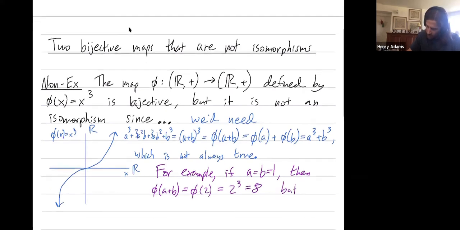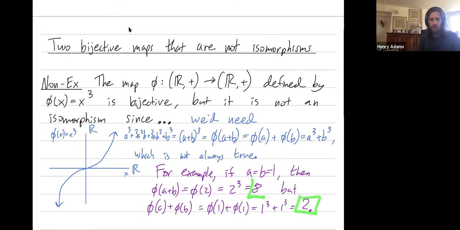But phi of a plus phi of b is phi of 1 plus phi of 1, which is 1 cubed plus 1 cubed, which is 2. And 2 is not equal to 8. So we have a bijective map from this group to itself, but it doesn't preserve addition. It doesn't preserve the group operation.